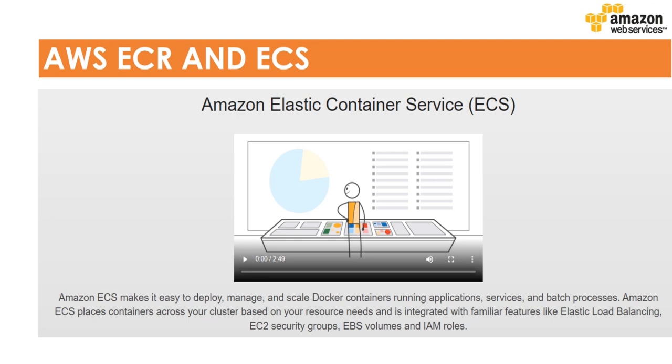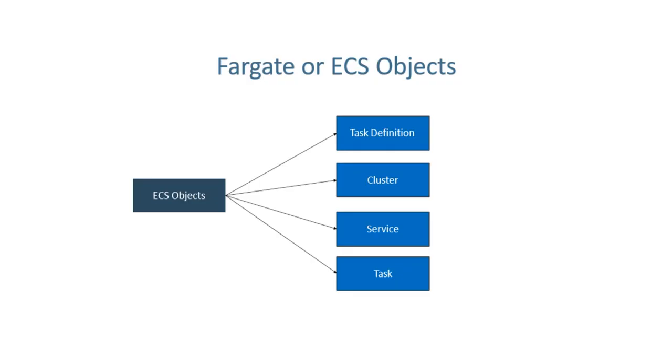Now, Amazon Elastic Container Services (ECS). Amazon ECS makes it easy to deploy, manage, and scale Docker containers running application services and batch processes. Amazon ECS places containers across your cluster based on resource needs, and is integrated with familiar features like Elastic Load Balancing, EC2 security groups, EBS volumes, and IAM roles.